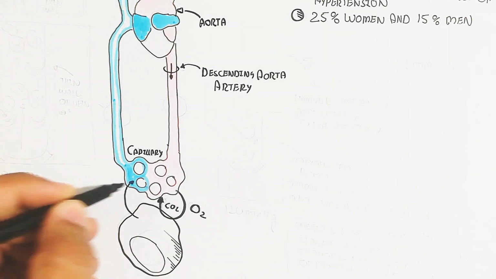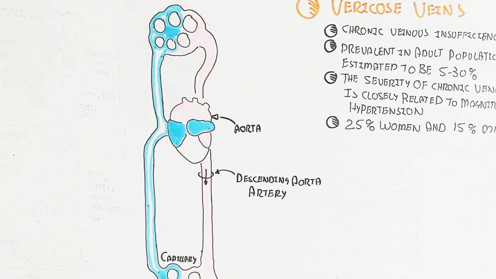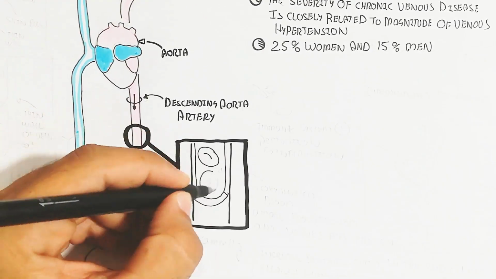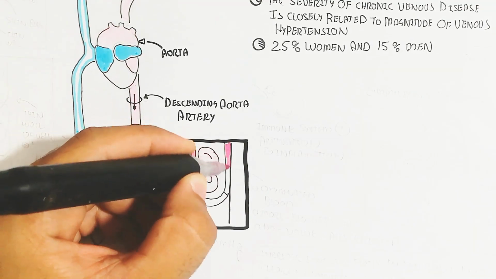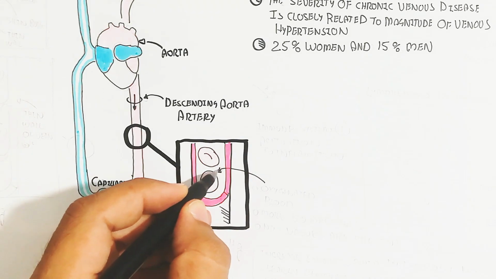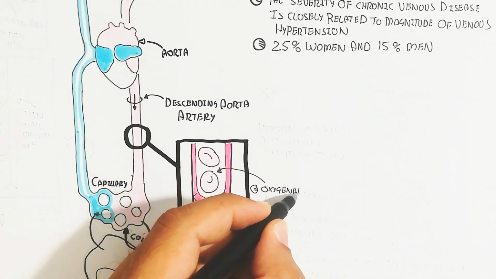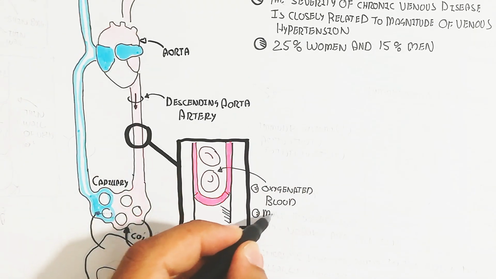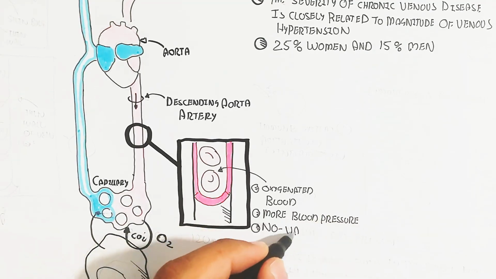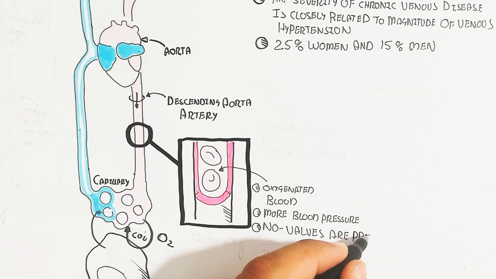When it goes back toward the heart, the deoxygenated blood will enter into the right atrium to the right ventricle, and this is the oxygenated blood with more blood pressure. No valves are present in the artery as compared to the vein, and 120 millimeter of mercury is the blood pressure as compared to the vein. Vein is less, vein is 80 millimeter of mercury.